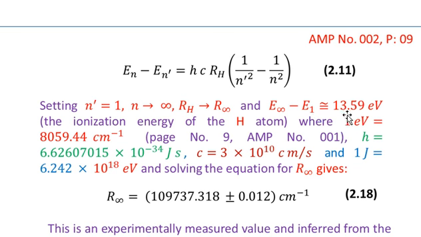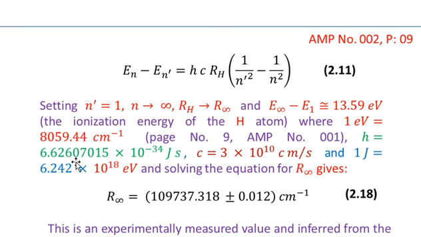So if you give this much energy, 13.59 electron volt, to a hydrogen atom in the ground state, the electron will be ionized. That's why we have set E infinity minus E1 to be nearly equal to 13.59 electron volt, which is the ionization energy of the hydrogen atom, where 1 electron volt is equal to 8059.44 centimeter inverse. And this value has been worked out on page number 9 of slide number 1.